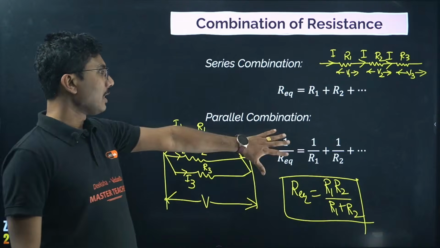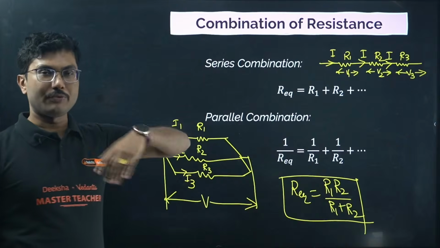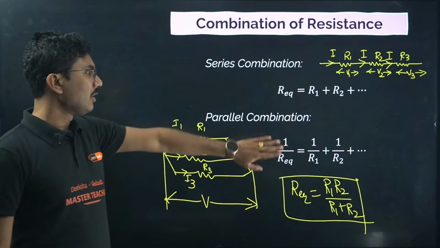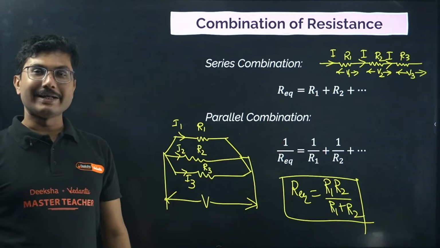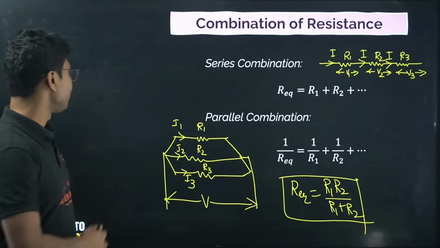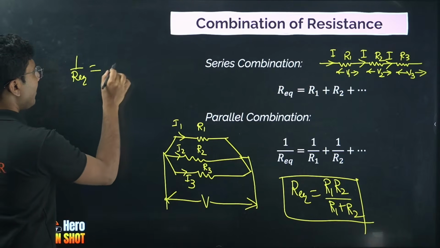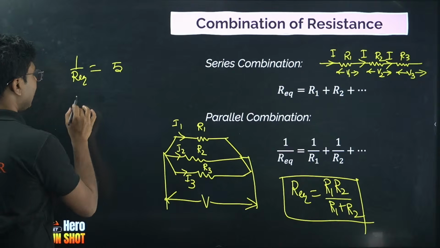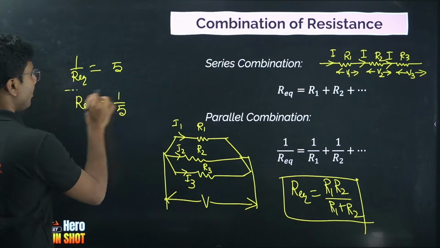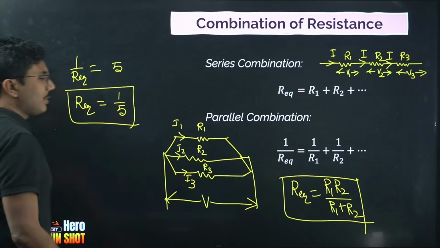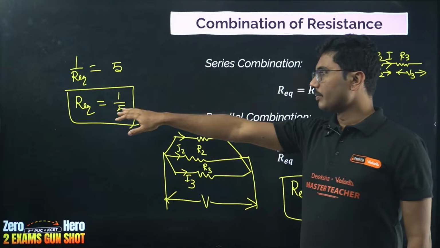Now remember, if parallel combination based questions are asked, you have to take the reciprocal. If there are more than two resistances, you have to take the reciprocal. Do not leave your answer at 1 by Req and write it as R equivalent. So if you get, for example, 1 by R equivalent equal to 5, then R equivalent will be 1 by 5. Don't fall for the trap, especially in numerical MCQ based questions.